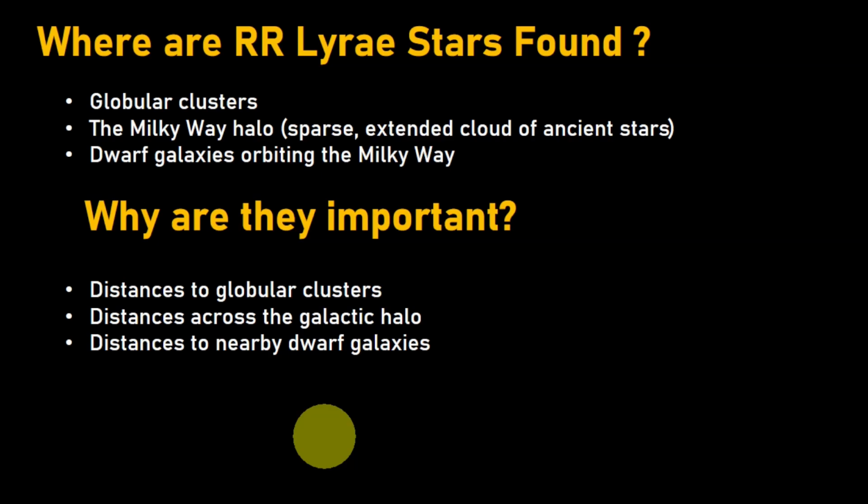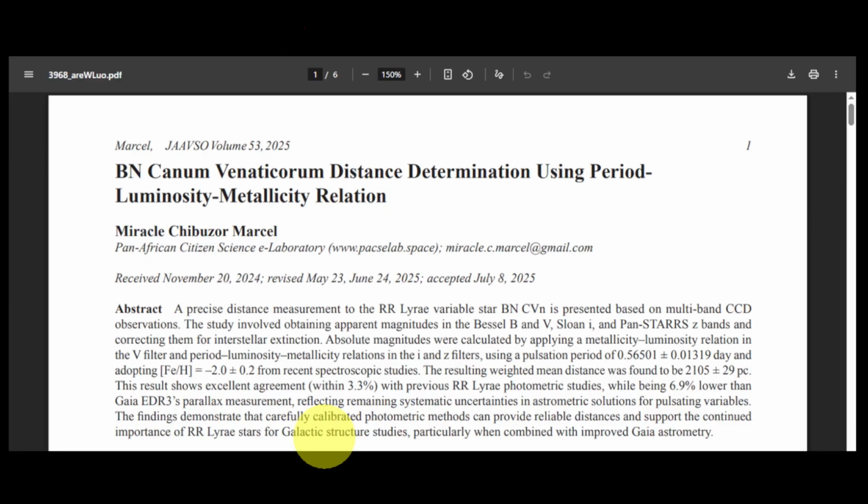Why that is important is because RR Lyrae stars can help us measure distances to these globular clusters. If we want to measure the distance to these globular clusters, we look for RR Lyrae stars. We can also use them to measure distances across the galactic halo and to nearby dwarf galaxies. So they are very important.